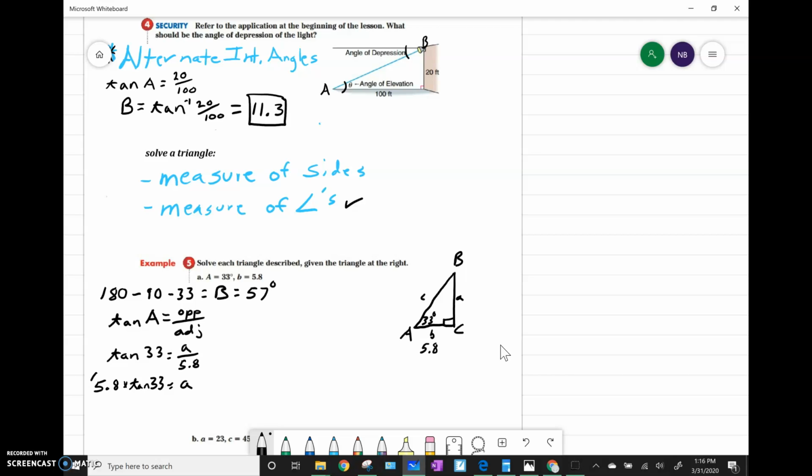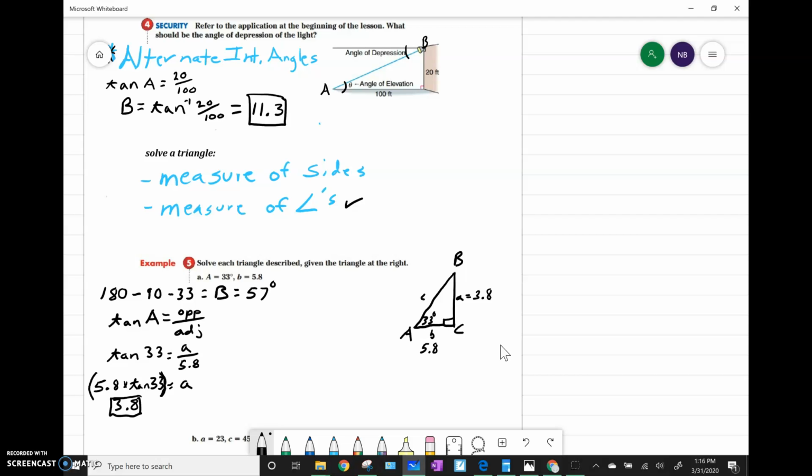So this statement right here all goes in your calculator. And once you put that in your calculator, you end up with 3.8. So I've now found out that A is 3.8.